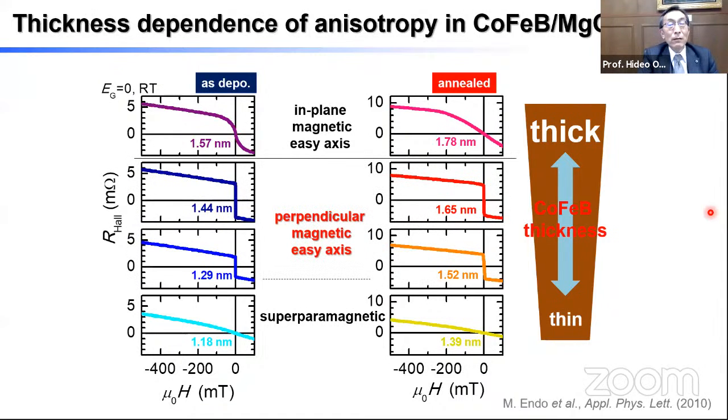But somewhere in between, we discovered that your magnetization is actually perpendicular to the plane, which people were looking for in a material system that is good enough for magnetic tunnel junction.